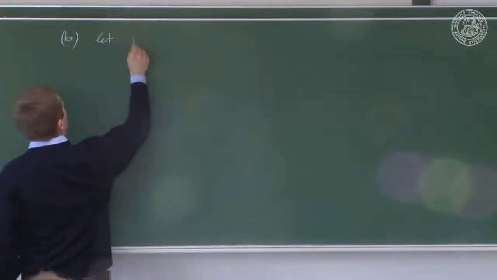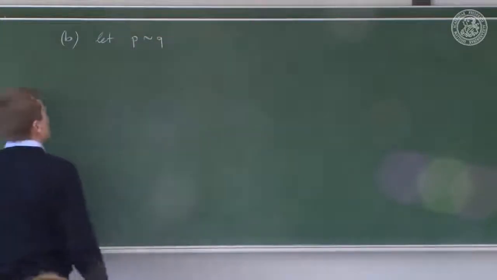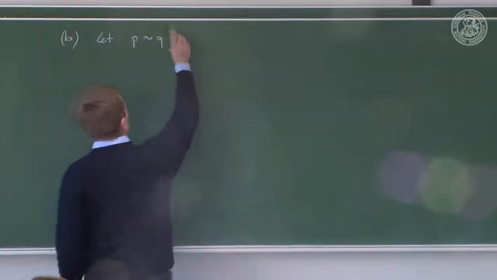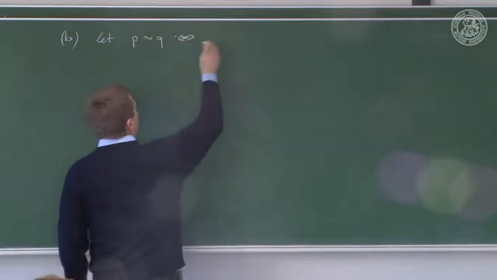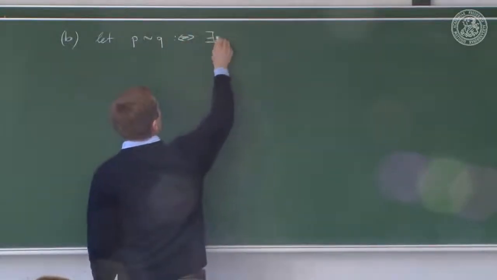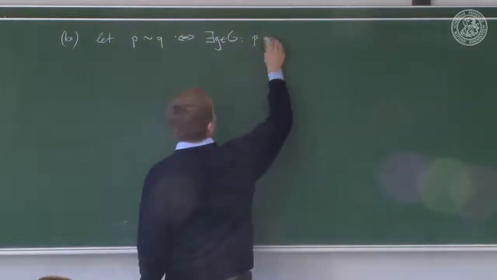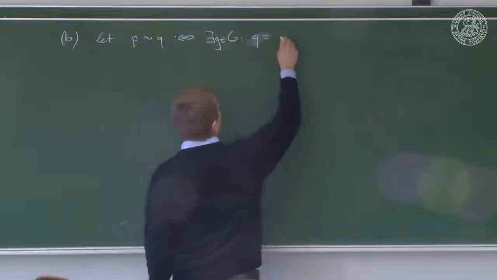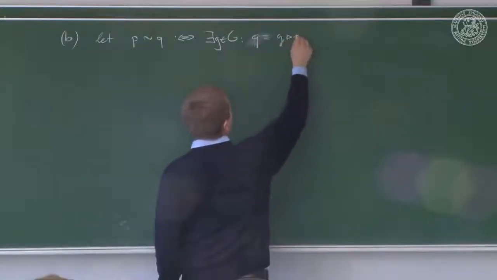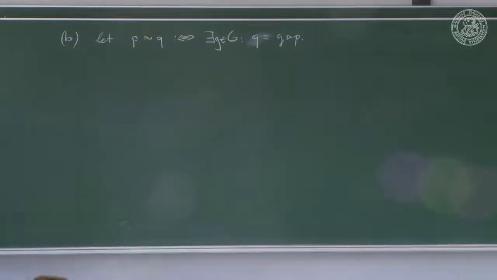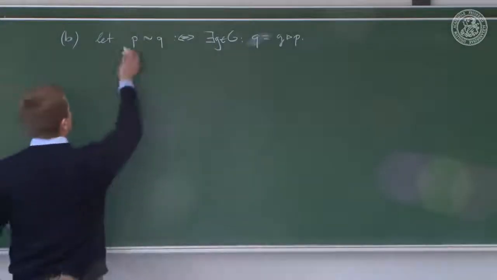Let P be equivalent to Q, these are points in M, by definition, if there exists a g in G such that Q equals g acting from the left on P. In other words, they are called equivalent if they lie on the same orbit. So this point and this point are equivalent, but that point and that point are not. Okay? So one can quickly check this is an equivalence relation.